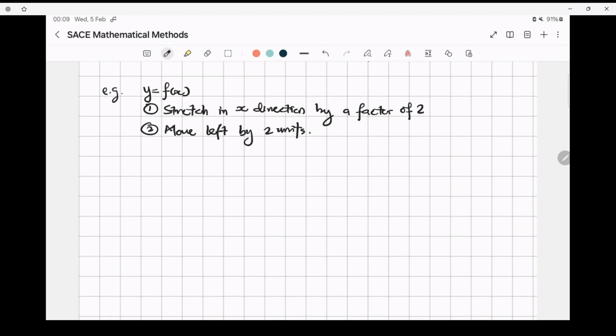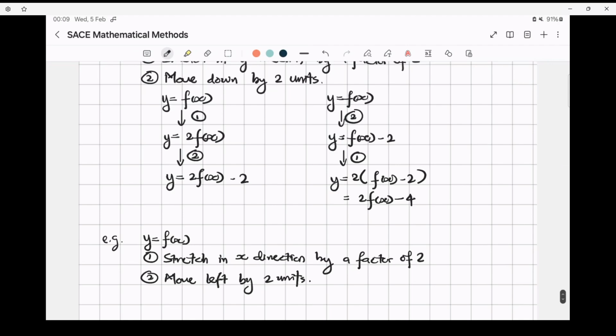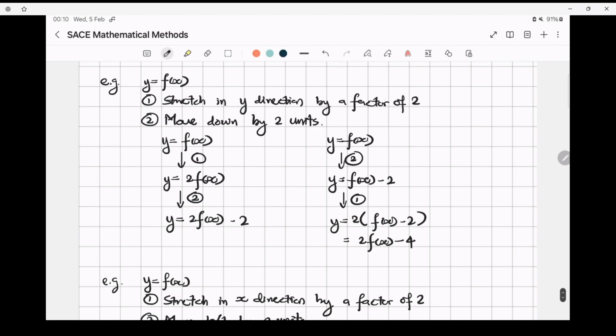This time you cannot start directly like this. The reason why I could directly write the previous example is because the transformation involves y. You start from y, then you go to y prime, and then to y double prime because you have 2 transformations.